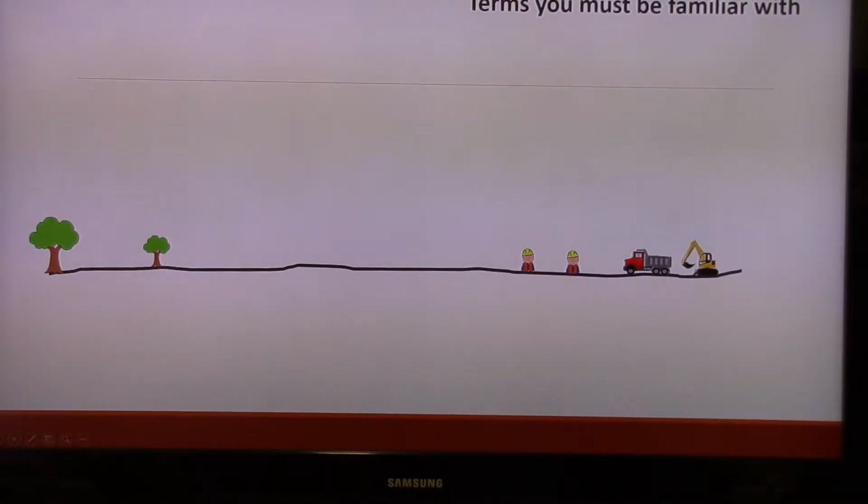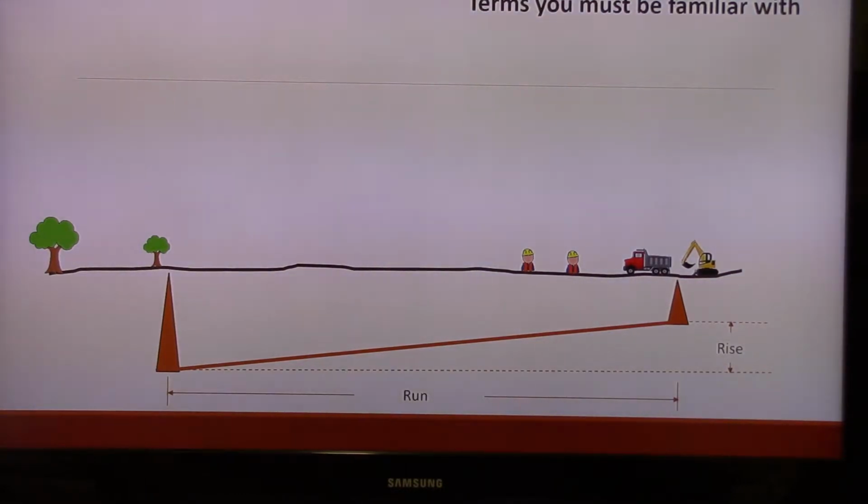To start off here, you have to be familiar with two terms, rise and run. The rise is shown here on the right. It represents the elevation difference between the inverts of these two manholes. The run is the horizontal difference between those same two manholes. This should be pretty cut and dry here.